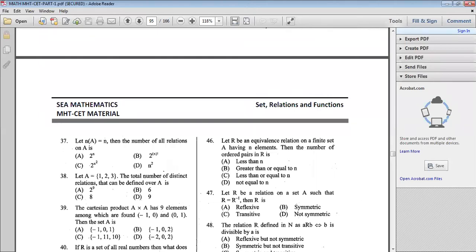So for the number of equivalence relations, I already told you that the smallest equivalence relation is the identity relation, right? So any other relation will have more elements than the identity relation. Here you should observe that.